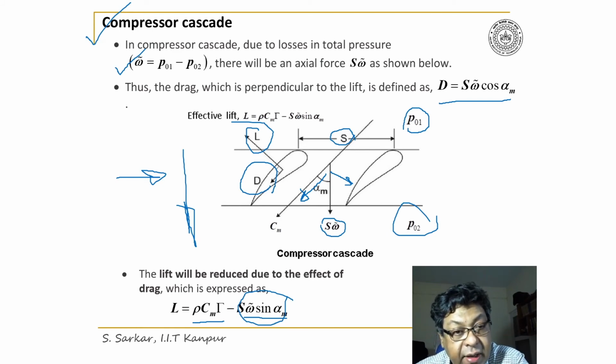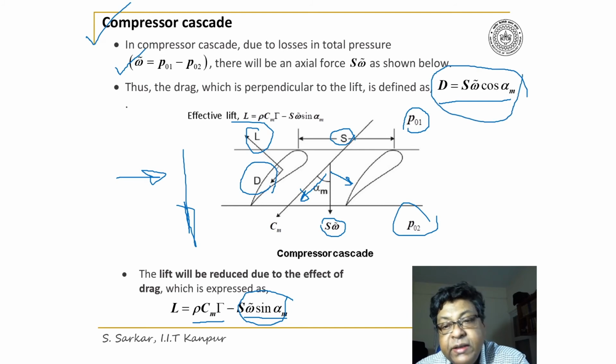Thus, for a compressor cascade, the actual lift will be reduced due to viscous effect or because of drag, which is expressed as L is equal to rho Cm into gamma minus S into omega tilde into sin alpha m. And drag here is S into omega tilde into cos alpha m.